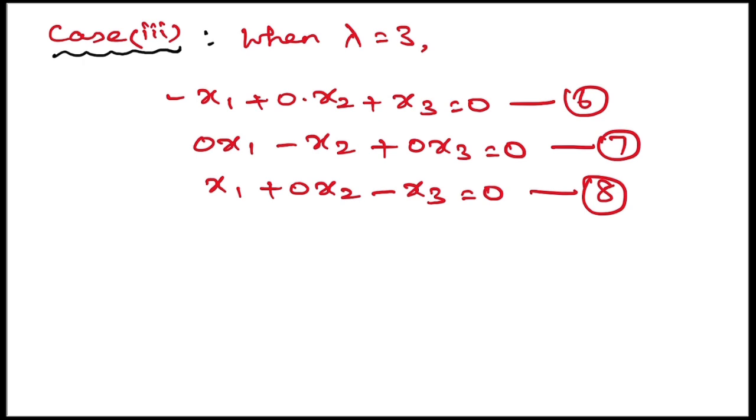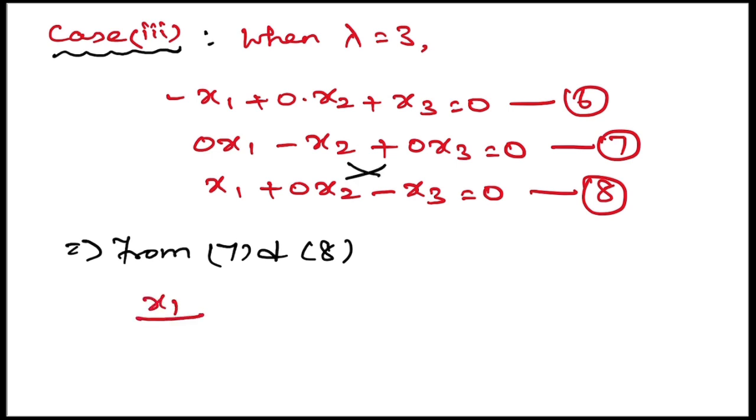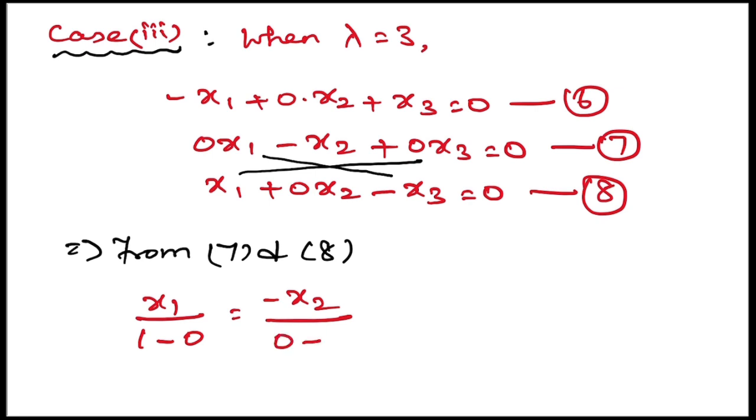Now take any two equations. Among these I take 7 and 8. Using these two equations, apply the cross multiplication rule to find x1, x2, x3. That is x1 by minus into minus plus, so 1 minus 0, that is equal to minus x2 by 0 minus 0.